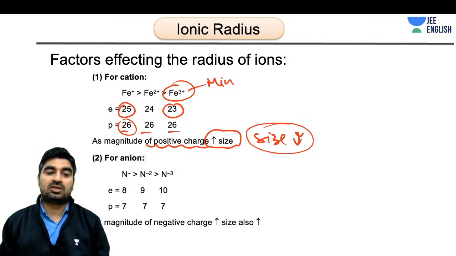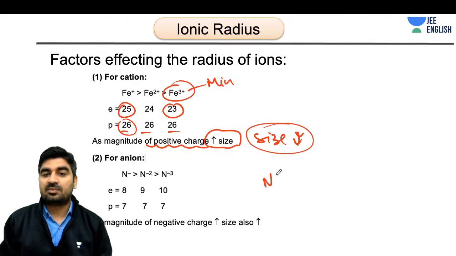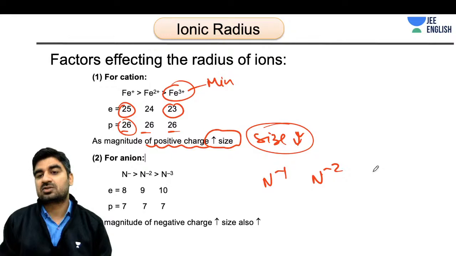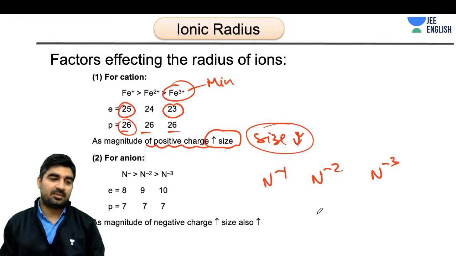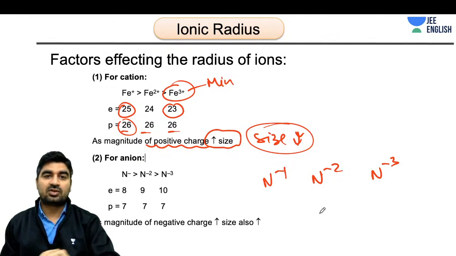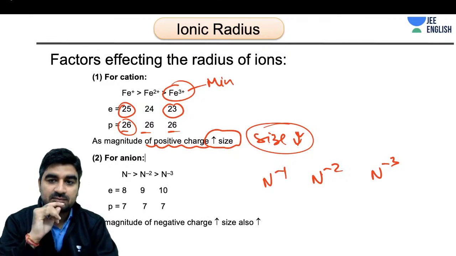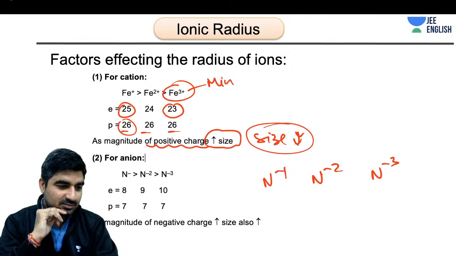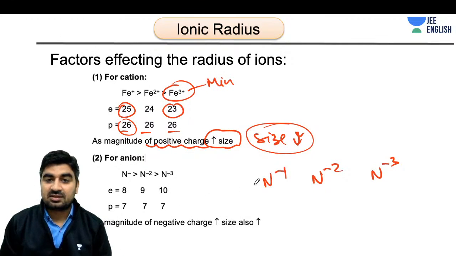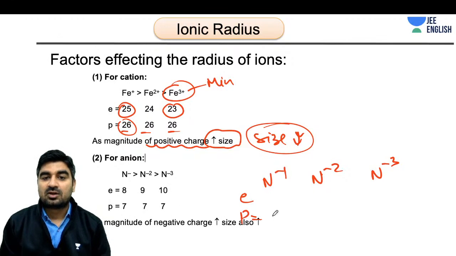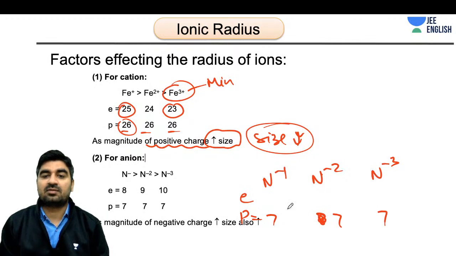Similarly, if I talk about the anions, suppose I am taking N minus 1, N minus 2 and N minus 3. Now what will happen? Can you tell me? In this case, considering the number of electrons and protons, protons are 7, 7, 7 and electrons are 8, 9 and 10.